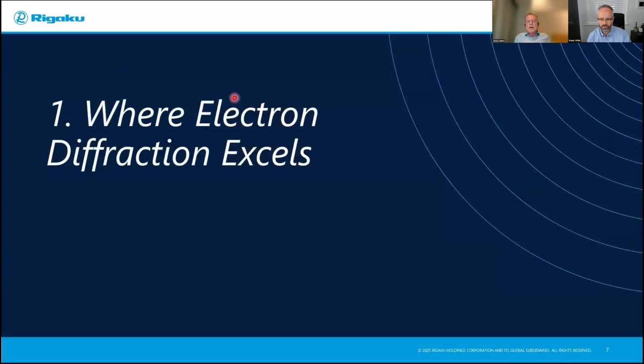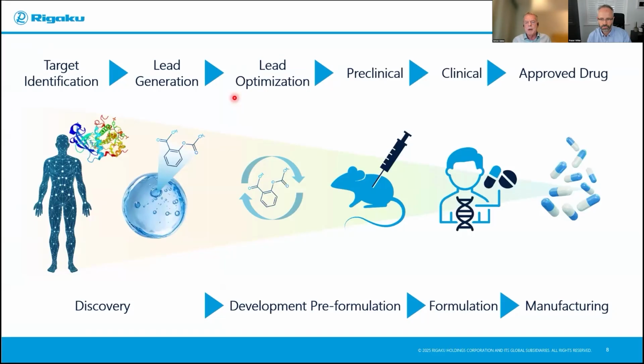So where does electron diffraction excel in the drug discovery and development pipeline? Well, I hope after you've listened to this webinar that you'll be convinced, like I am, that electron diffraction has a wide range of applicability over the drug discovery and development pipeline, all the way from discovery through automated protein screening, looking at ligands, through to studying the drug product itself, looking at tablets, looking at the API form in the tablet, looking at counterfeits, and reverse engineering.